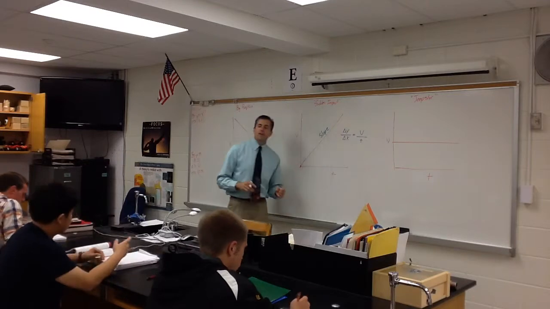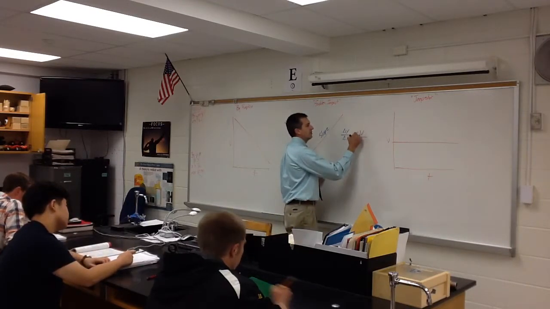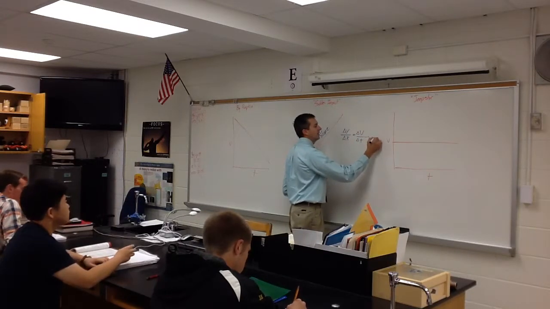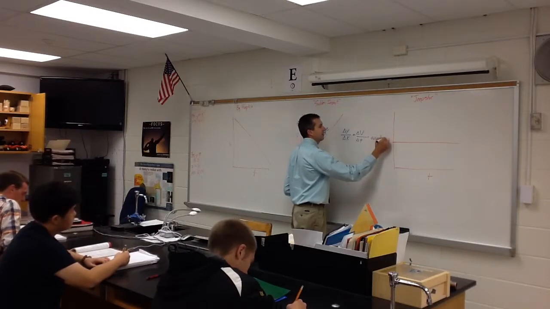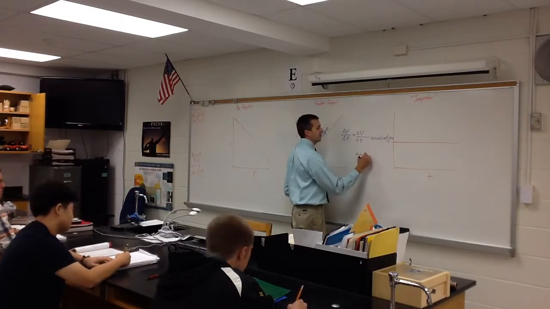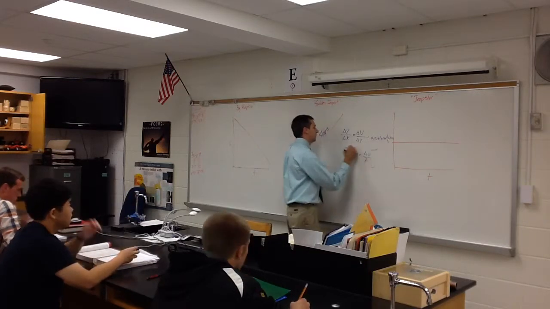And this is something that you're just learning about today for the first time. When you take a change in velocity over a change in time, what you are doing is finding acceleration. So in the reference table, acceleration is the change in velocity over time.